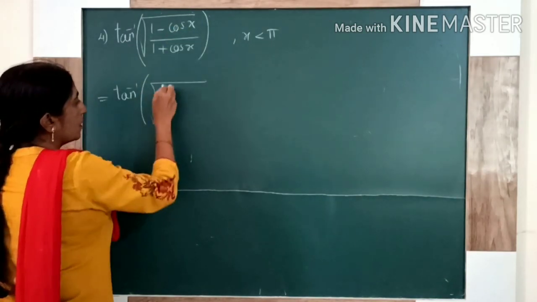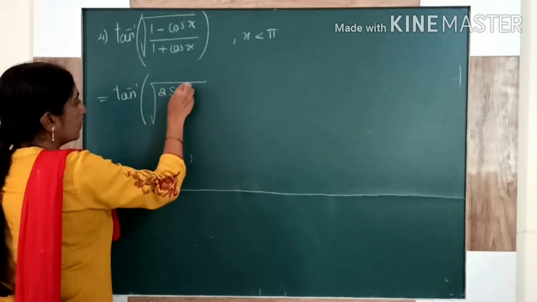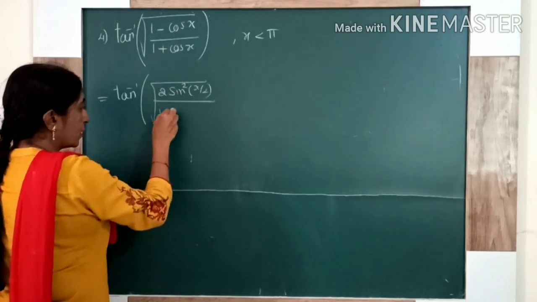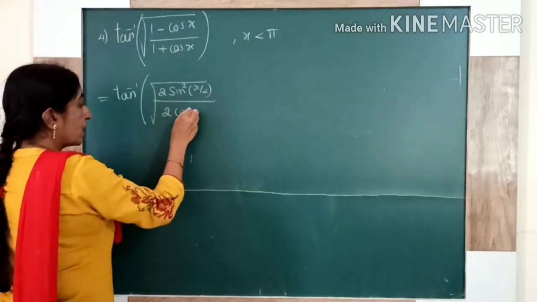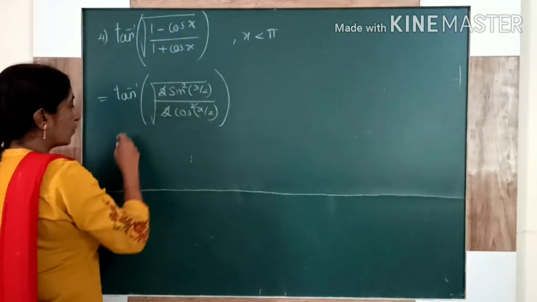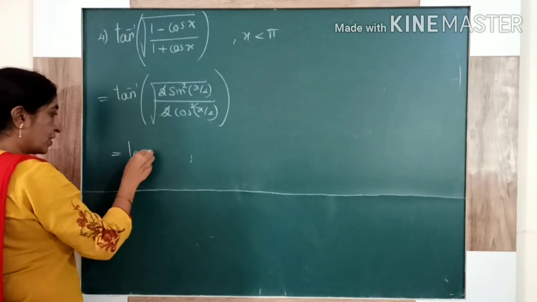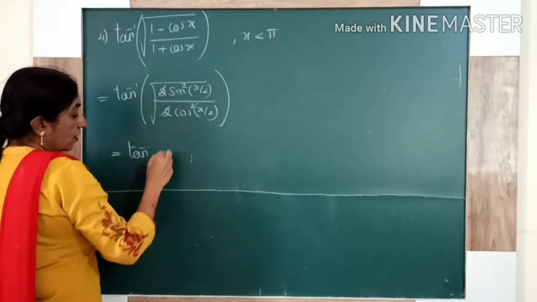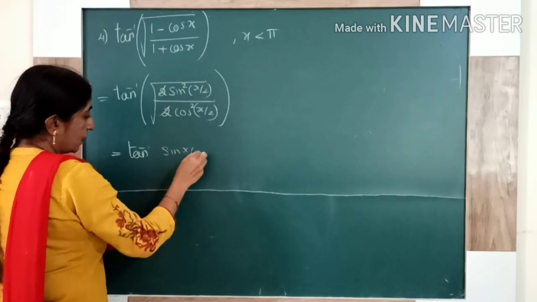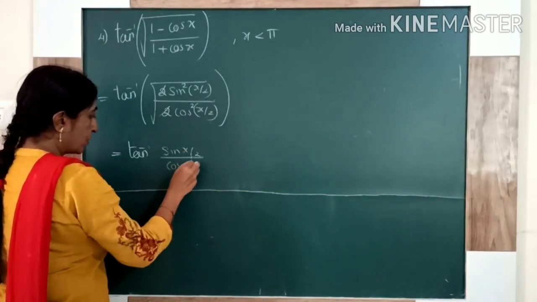Without the substitution, if you are thorough in the formula, just write 1 minus cos x. 1 minus cos x is 2 sin square x by 2 and 1 plus cos x is 2 cos square x by 2. Here 2 and 2 get cancelled. Tan inverse of square root of sin square by cos square. It is sin x by 2 upon cos x by 2.